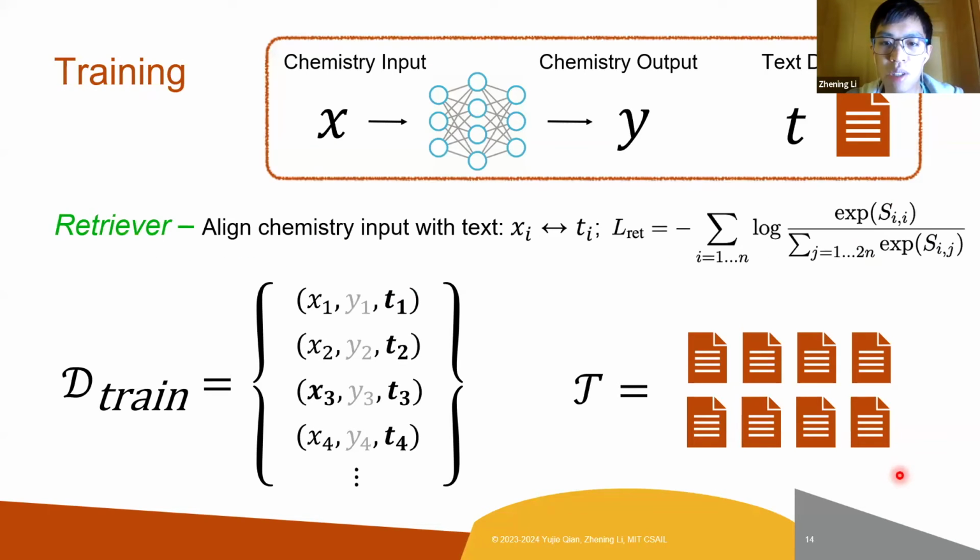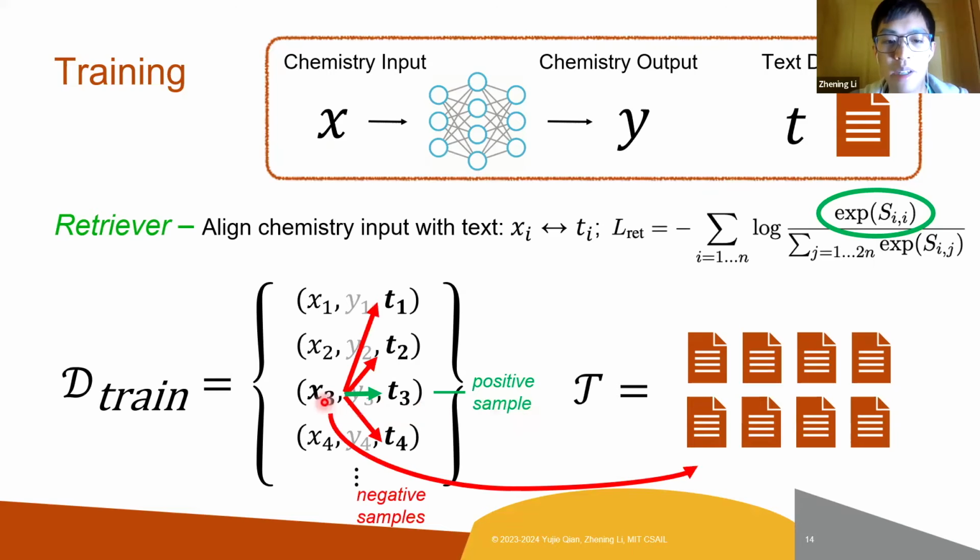And so when we train our retrieval model, we look at every single possible input reaction, and we take its ground truth, or also called gold text, as a positive sample for the contrastive learning. And all the pairs between the chemistry input and all the other text paragraphs are going to be treated as negative samples for our retrieval model.